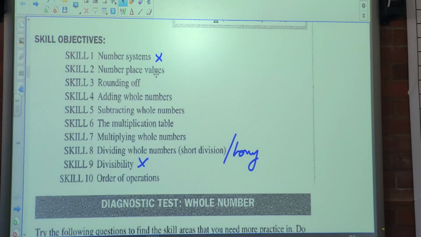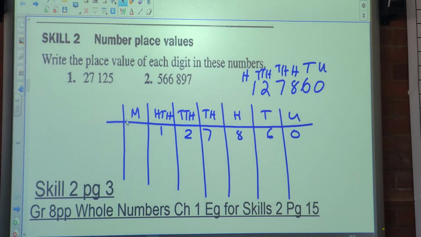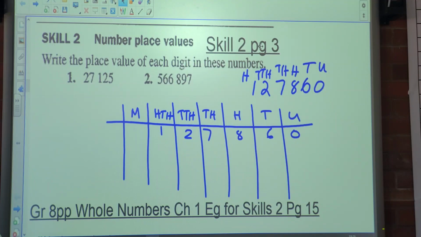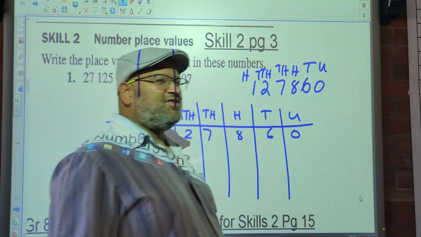And we said we won't be doing skill 1 and skill 9. However, now we're on skill 2, which is on page 15. These are the examples for skill 2. We spoke about how you group numbers and things like that.